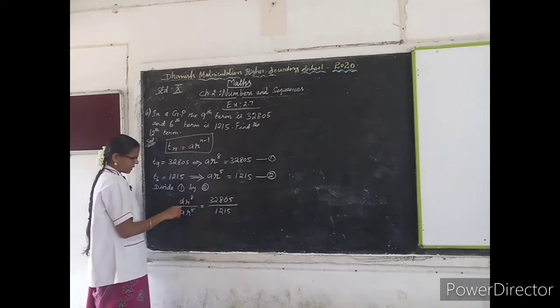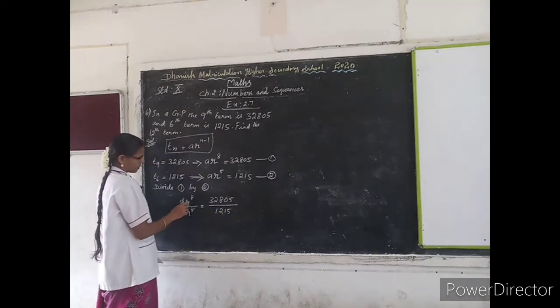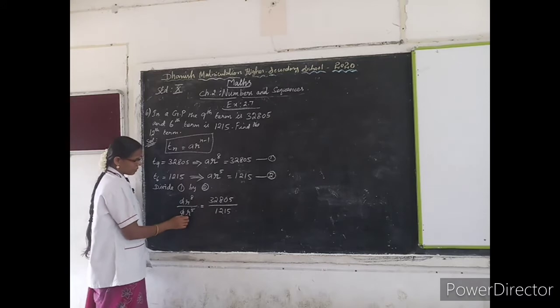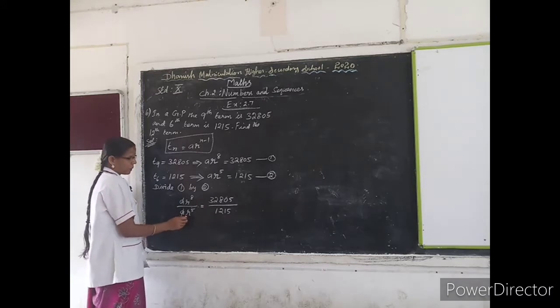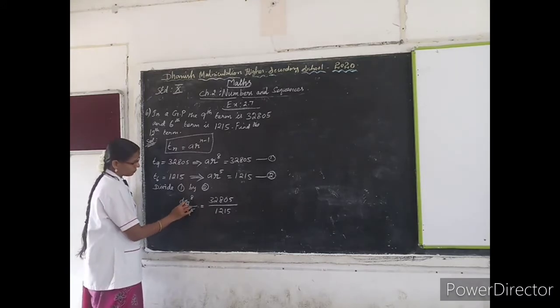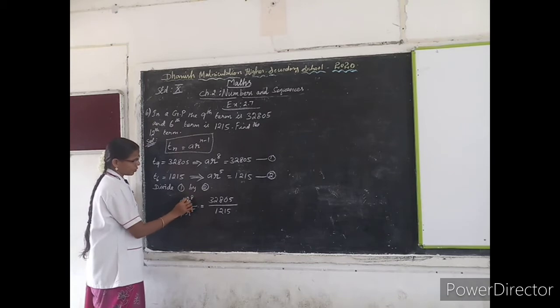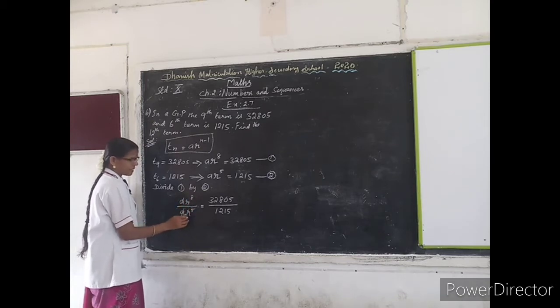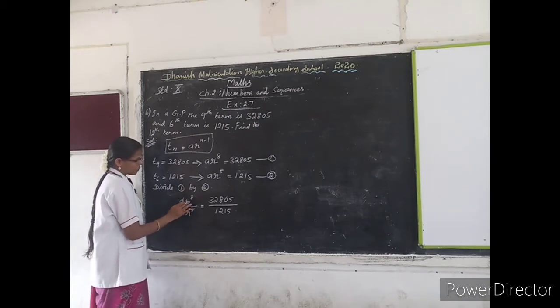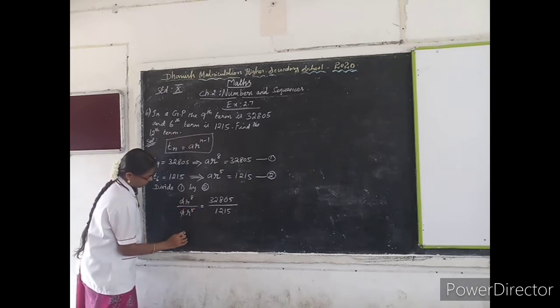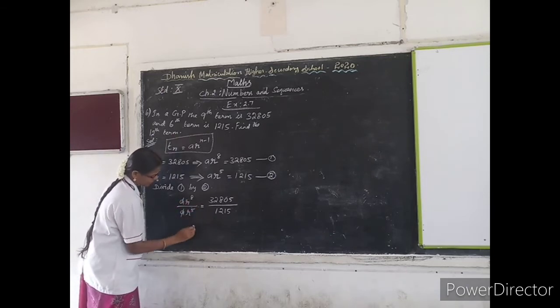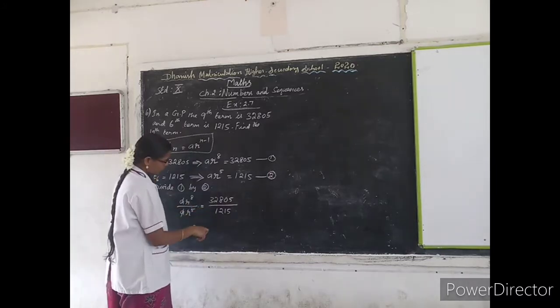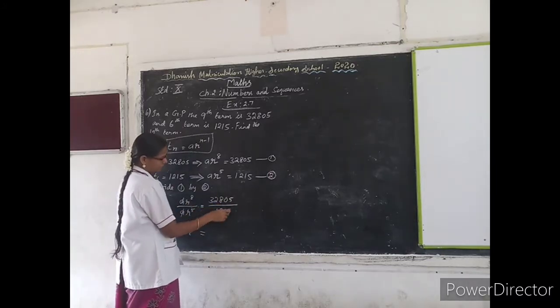Now this A will cancel. R power 8 divided by R power 5. By the base power rule, in R power 8 the numerator power is greater than the denominator, so we should subtract the powers. R to the power 8 minus 5 is 3. This is the LHS answer. What about RHS? Cancel by the 3 table.